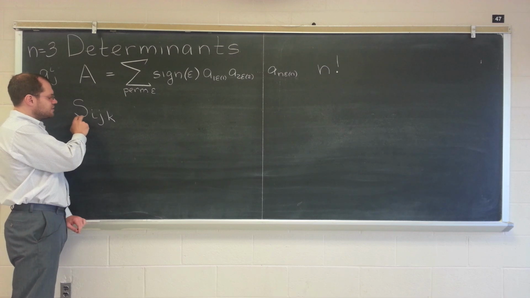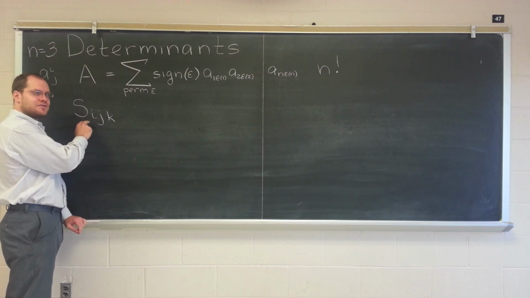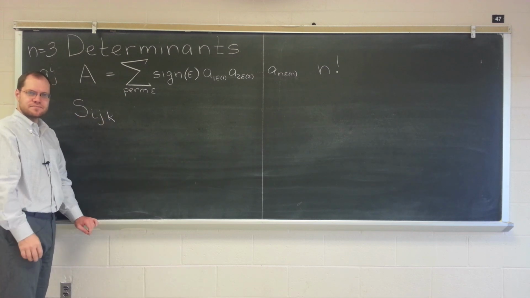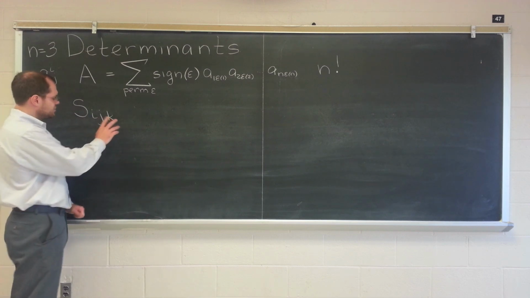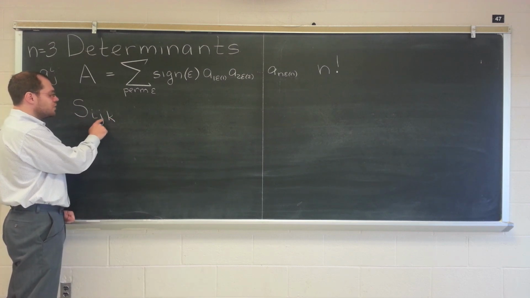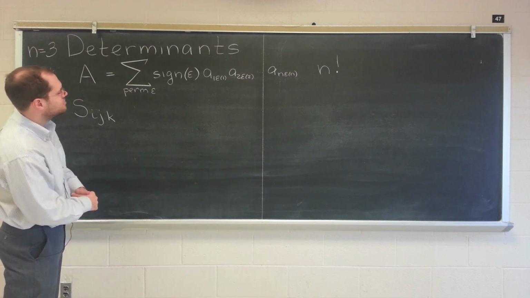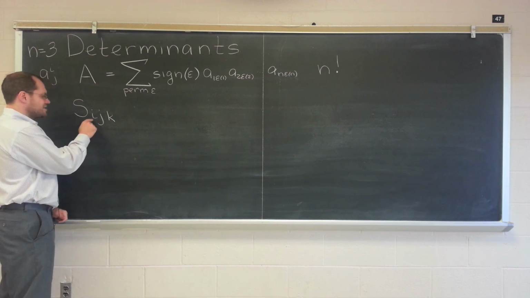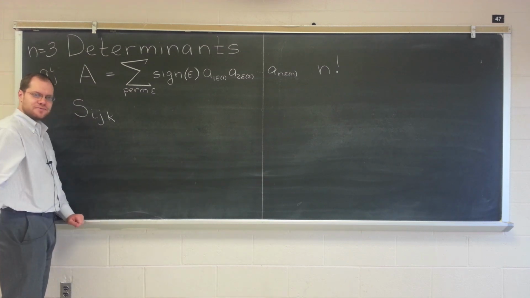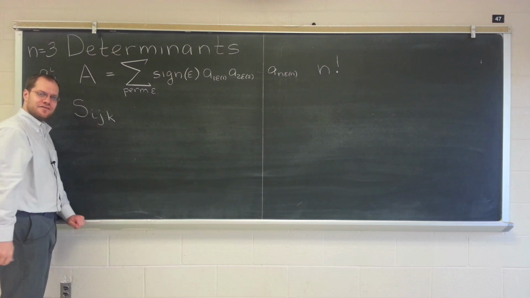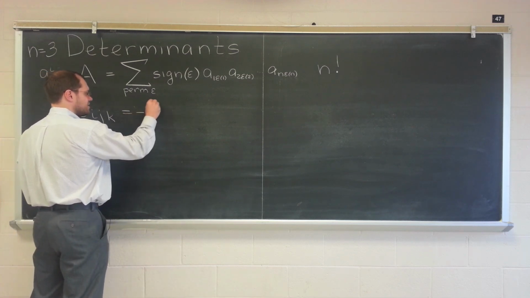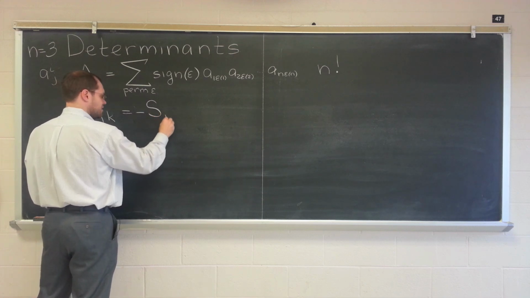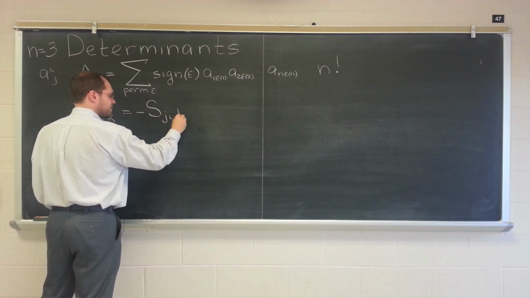So, for instance, if we looked at entry S231, excuse me, let's go with S213. Will be a little easier. Is that what we used over there? I forget. S213. It would be negative of S123, which can be written in this way: S_jik.